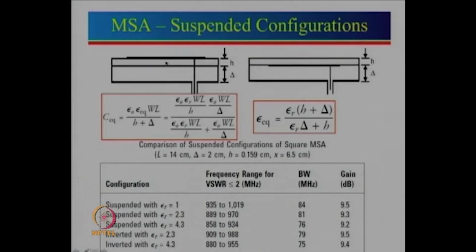By putting a shorting post, we get an additional thing also: this short can also provide DC ground to the antenna, which is sometimes required for protection from lightning. So DC grounding is good, and that will also act as a support.